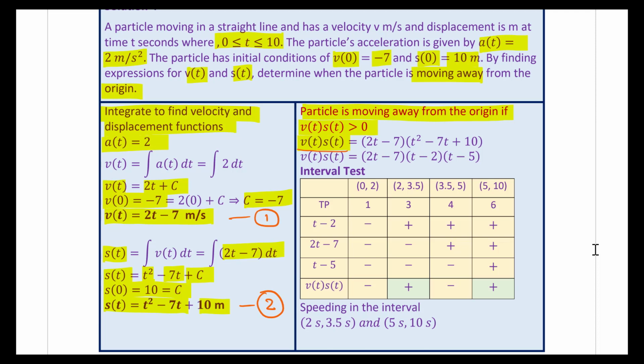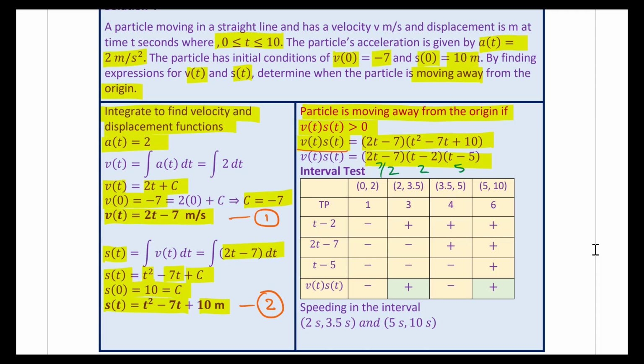So 2t minus 7 times t squared minus 7t plus 10 gives us the expression, which can be further factored and written as 2t minus 7 times t minus 2 times t minus 5. Now see, this has zeros at 7 by 2, at 2 and at 5.